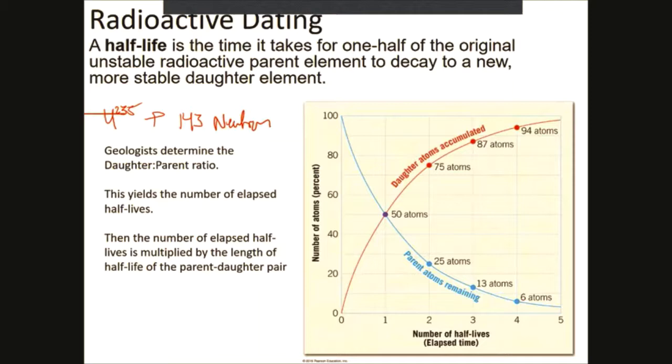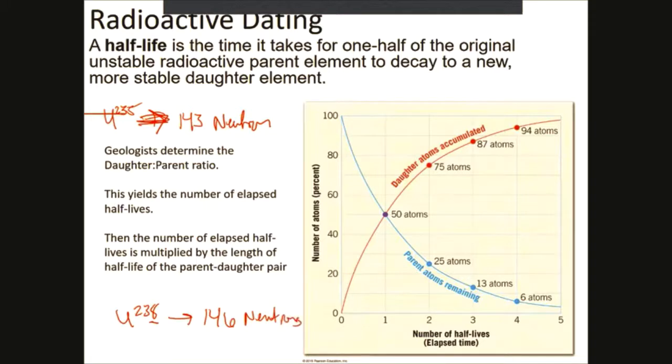Another common isotope of uranium is U-238. Because in order for it to be uranium, it has to have 92 protons. It can't have a different number of protons. We know that this has 3 more neutrons than U-235, so it has 146 neutrons.